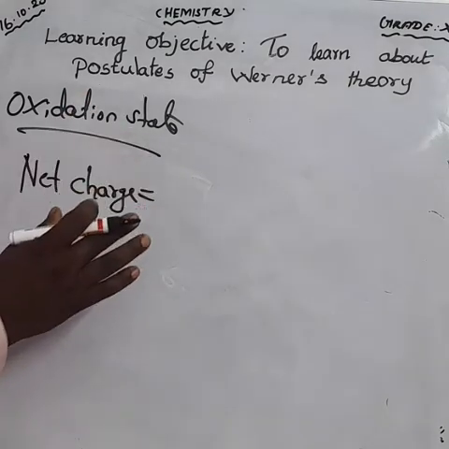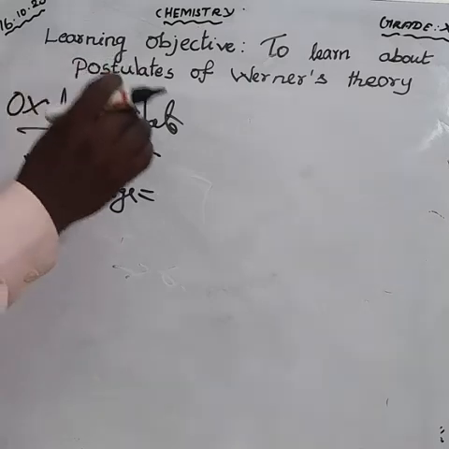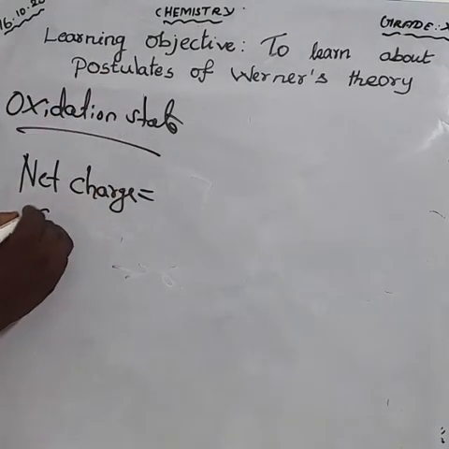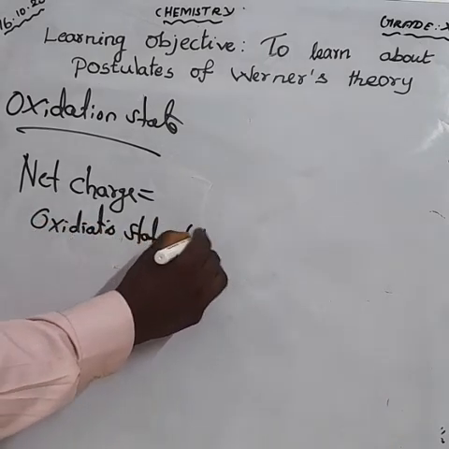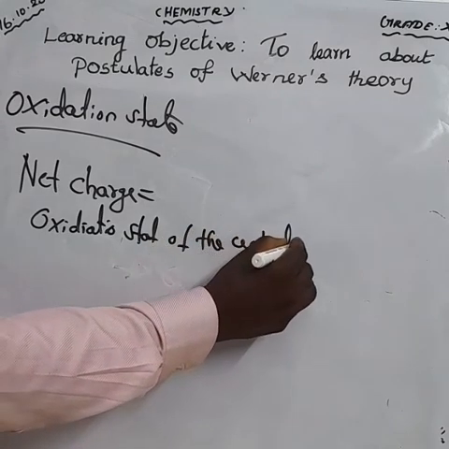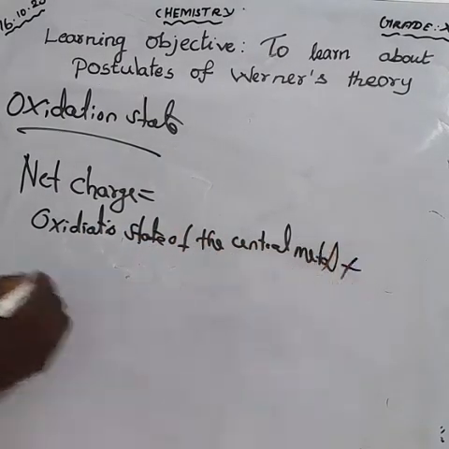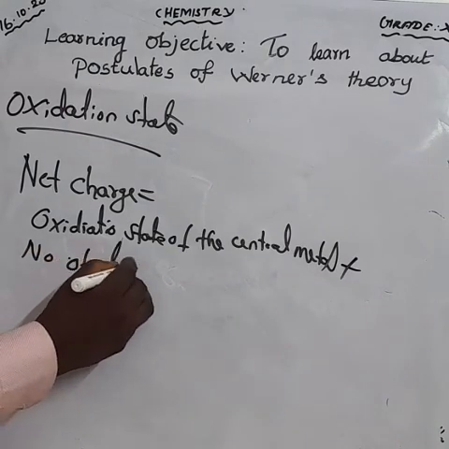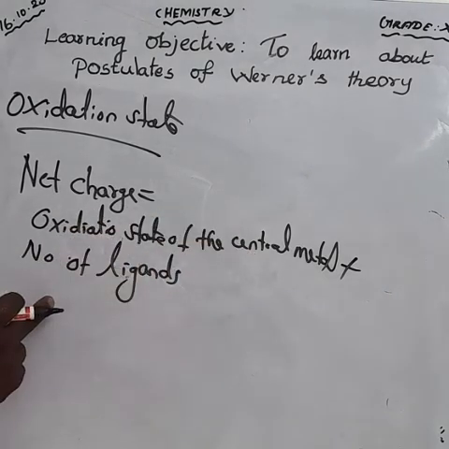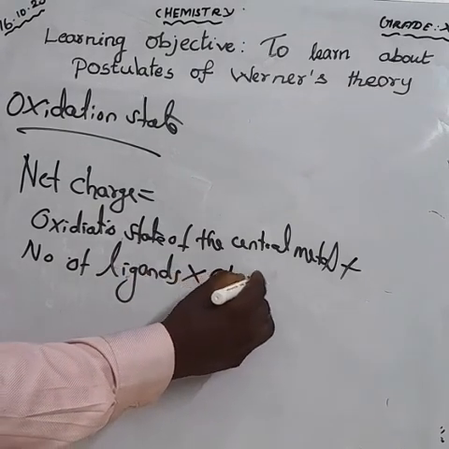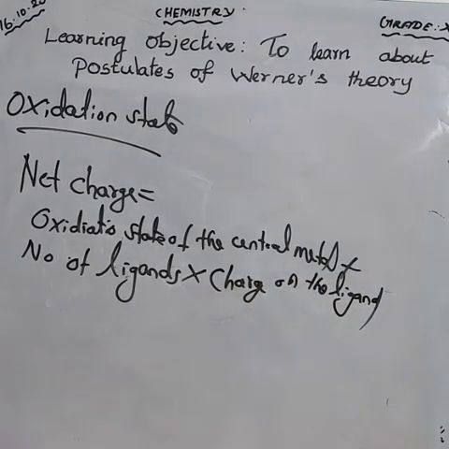The net charge is equal to the oxidation state of the central metal plus the number of ligands into the charge on the ligand. This is one of the formulas.